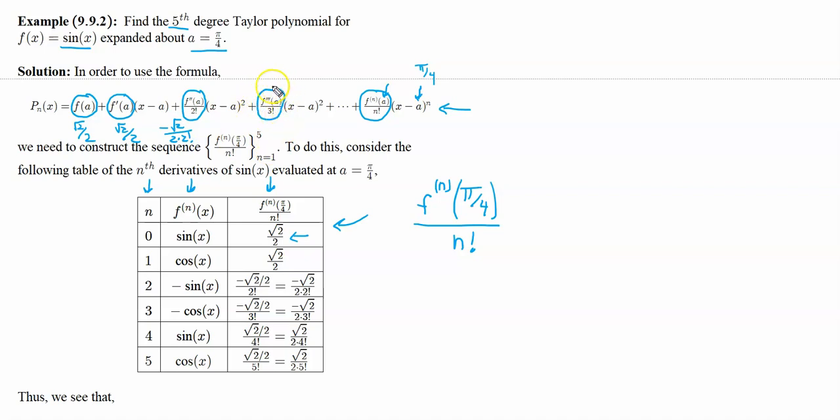The fourth one here, or when n is 3, that's going to be negative root 2 over 2 times 3 factorial. And so on. And let's take a look at our polynomial down here.